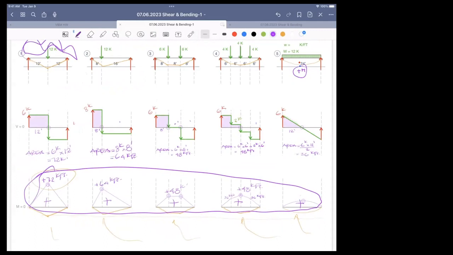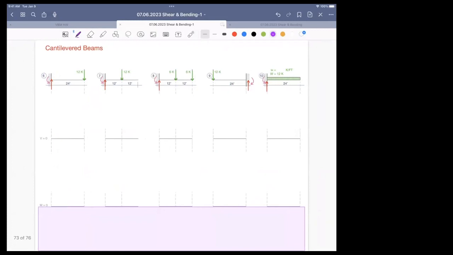It could be loaded like that. As long as the supports are at the ends, then the deflected shape looks like that, and the compression is on the top and the tension is on the bottom. Now, when it comes to cantilevers, I don't care how it's loaded, it's going to do that. No matter how it's loaded, it's going to do that, which means the tension is on the top in every case, and the compression is on the bottom in every case.